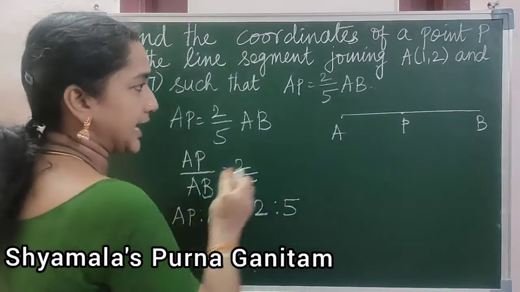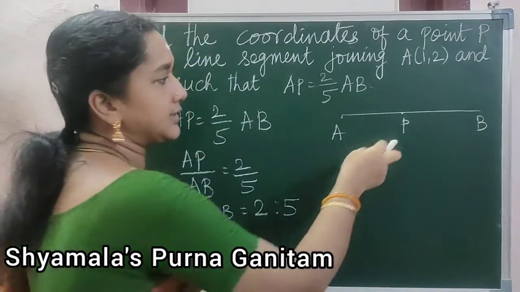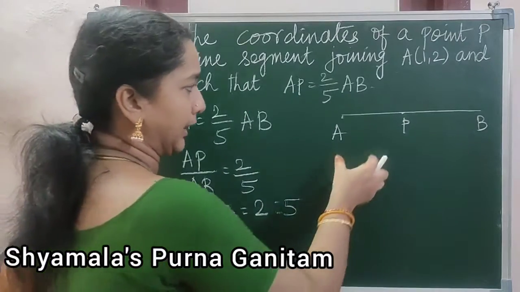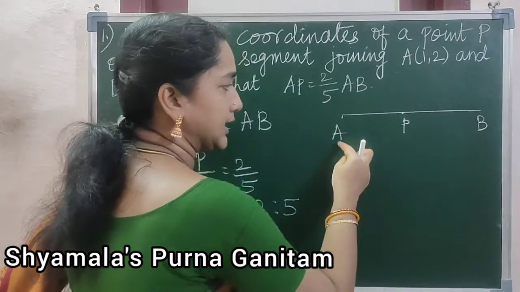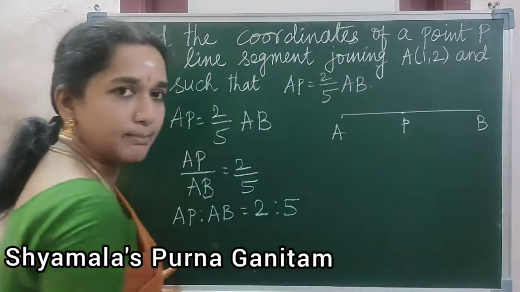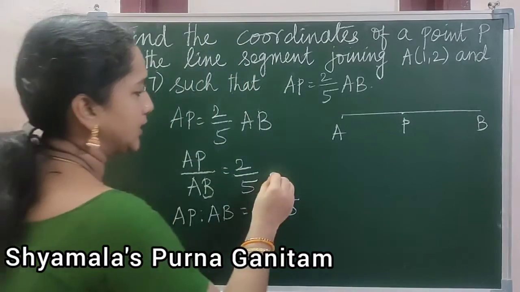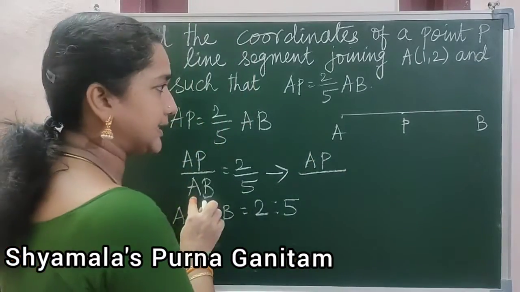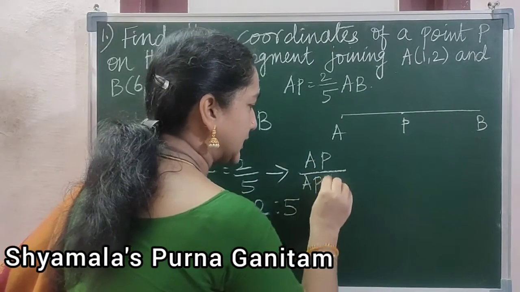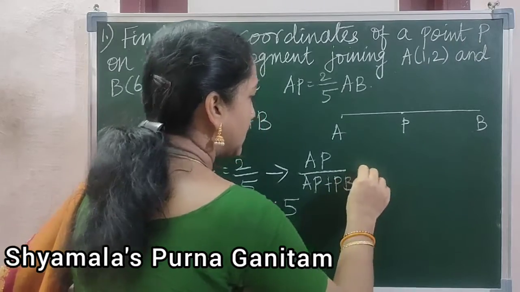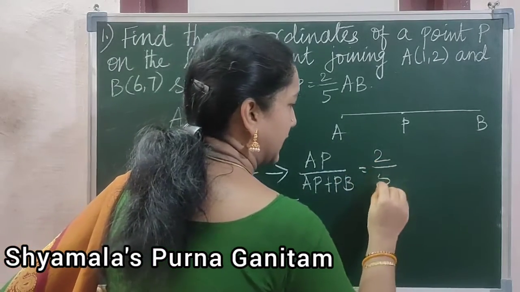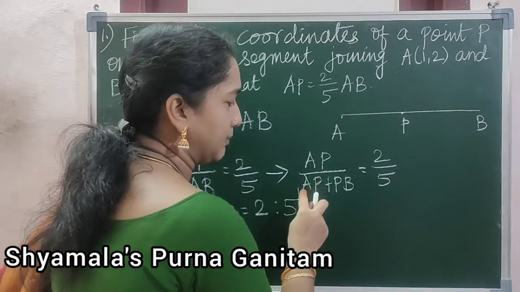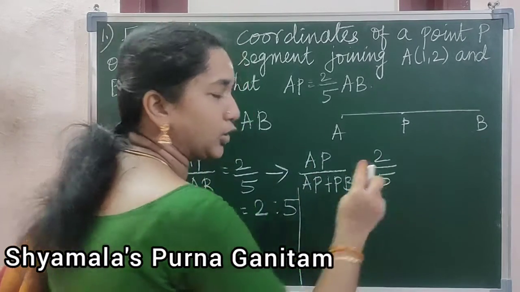Since the point P is in the middle of the line segment AB, we can write AB as AP plus PB. So I am rewriting AB as AP plus PB, and the right-hand side I will write as it is. Then AP by AP plus PB is equal to 2 by 5.